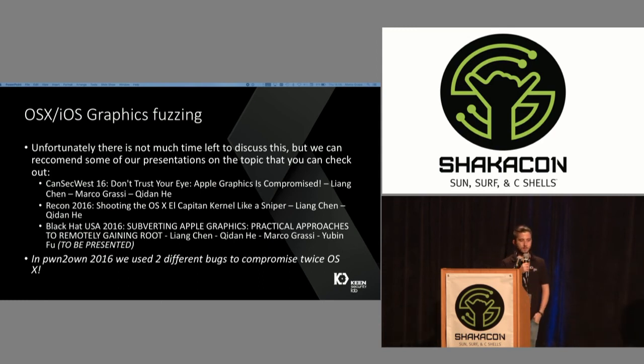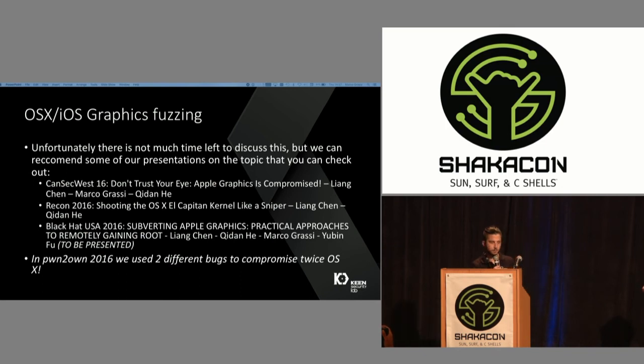And we also did a number of presentations this year on this topic, if you want to check them out. The first one was at CanSecWest, and the second one was at Recon. And then in a few months, we will talk at Black Hat USA.